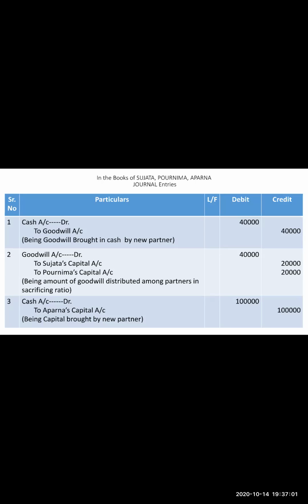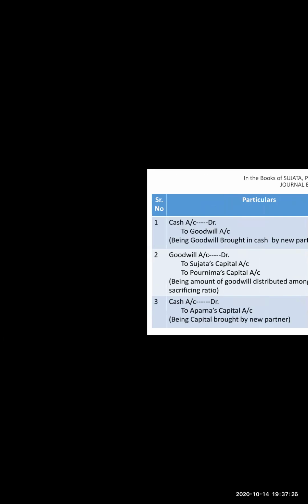Okay, so whenever an entry is given related to goodwill, you should be very careful about what information is given related to goodwill, whether it is information about retaining of goodwill, or goodwill withdrawn by old partners, or goodwill raised off, or goodwill written off and raised off. Now in this problem, no information was there.